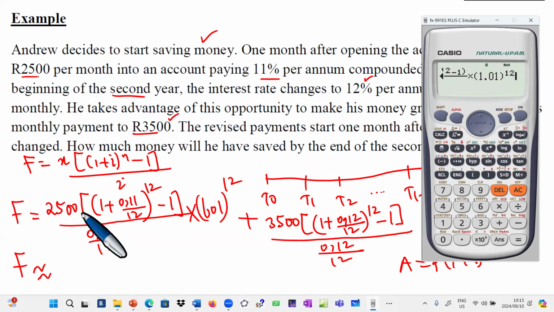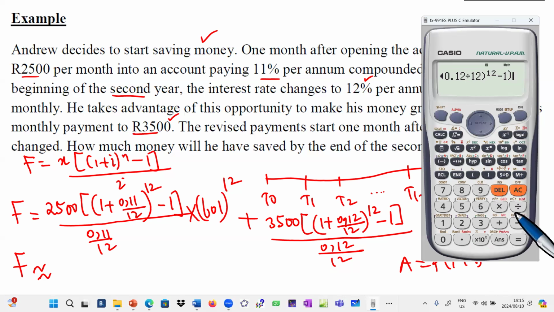So you're going to have that this future value is going to become P in the formula, in the AP formula, plus the following: 3,500, 0.12, you divide by 12, raised to the 12th power, you close.